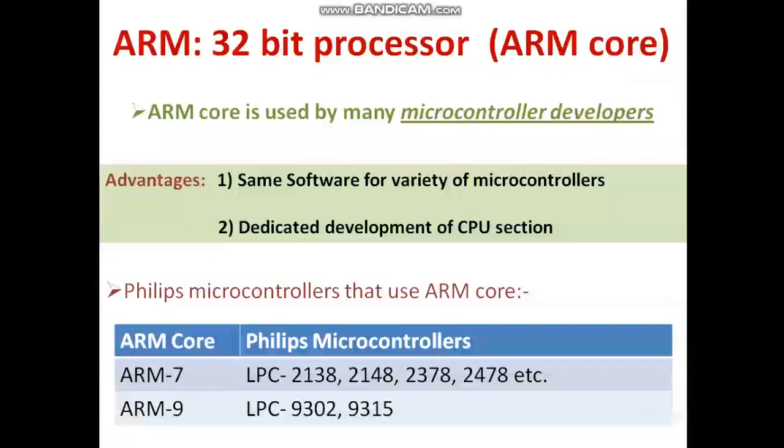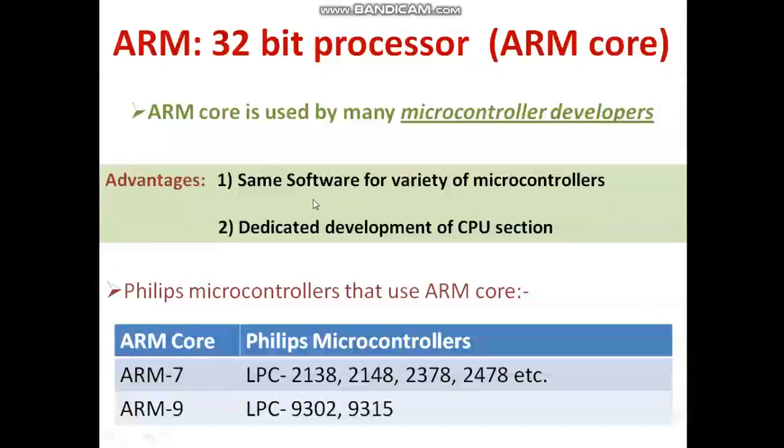The advantage is that because the CPU section is same, the instruction set for all these microcontrollers remains the same. That means the basic assembly language for programming of these microcontrollers remains the same, and therefore similar software can be used for all these microcontrollers.